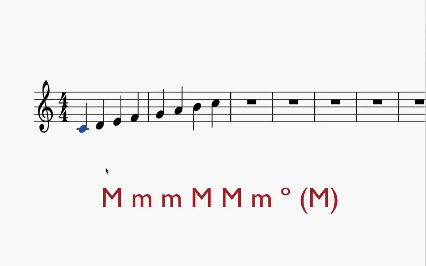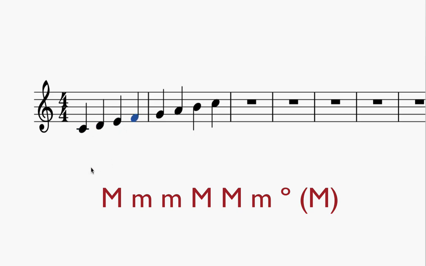So how do we use those? If we're in the key of C major and I said, make me an F chord in C major, or a chord built on F in C major, you should be able to tell me if that's going to be a major or a minor chord. So all you have to do is think F is the fourth scale degree in C major, 1, 2, 3, 4.